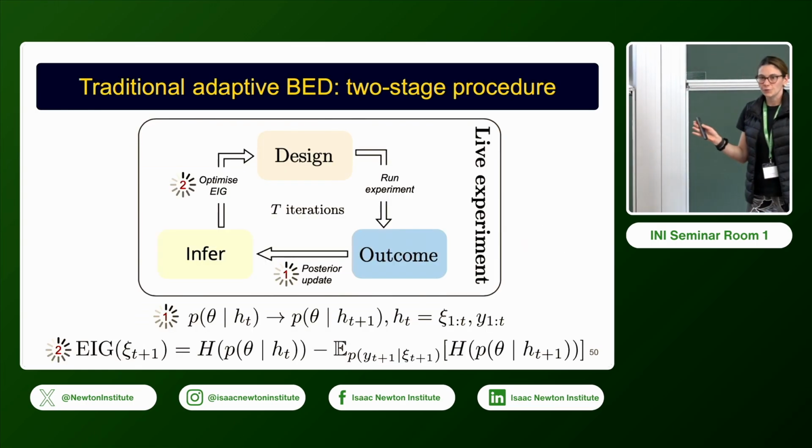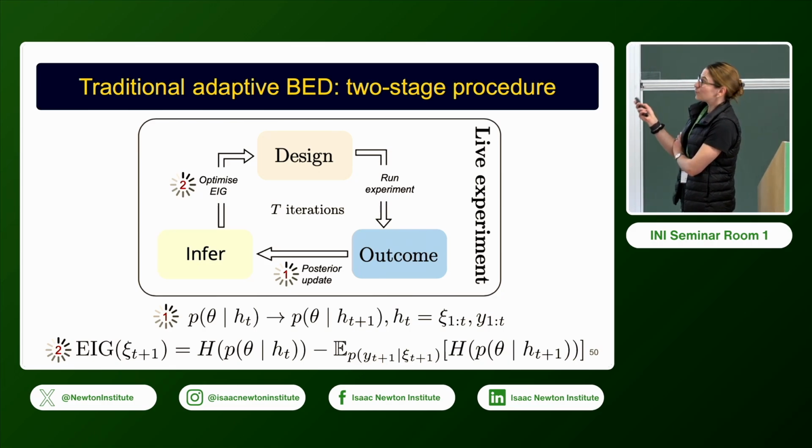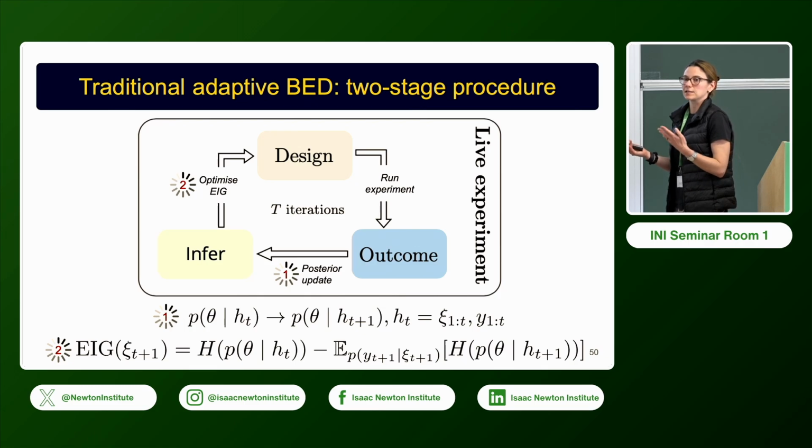So the traditional way of designing experiments is, again, this 2-stage procedure, right? We designed our first experiment, we ran the experiment and observed an outcome. What we are then going to do is perform a posterior update, and then we're going to use this posterior as our prior in the expected information gain objective to then design the next experiment. Okay?